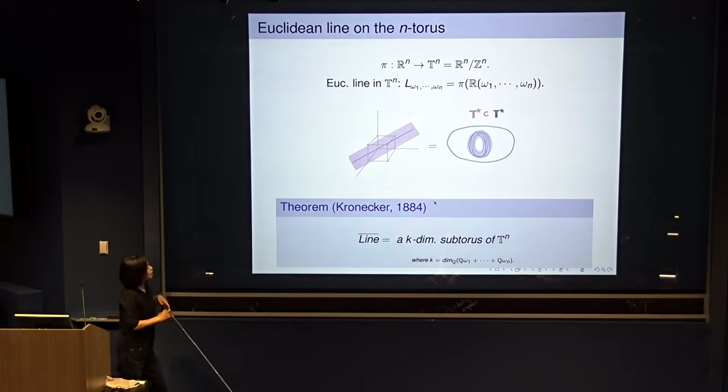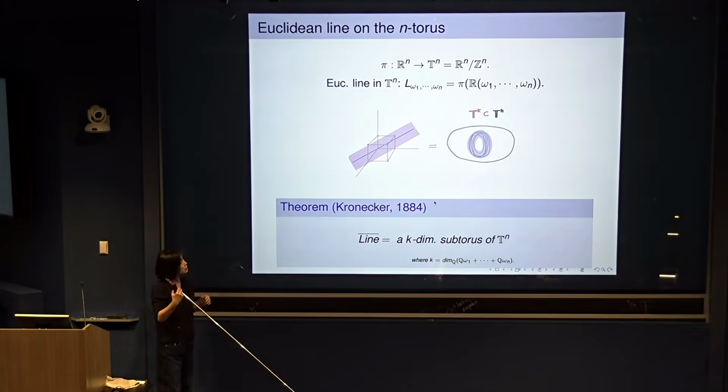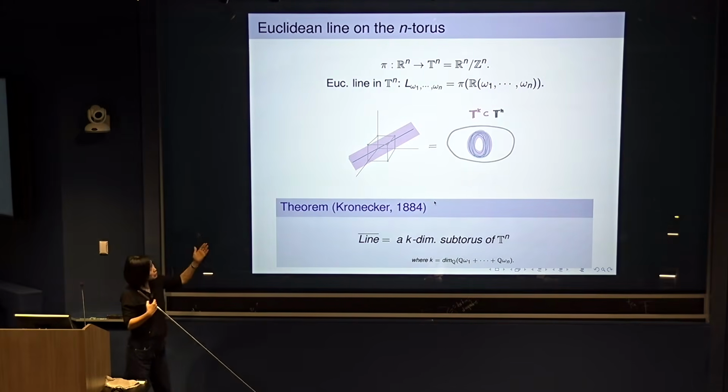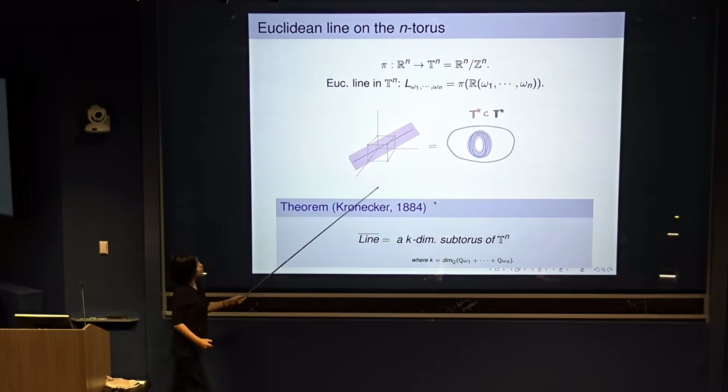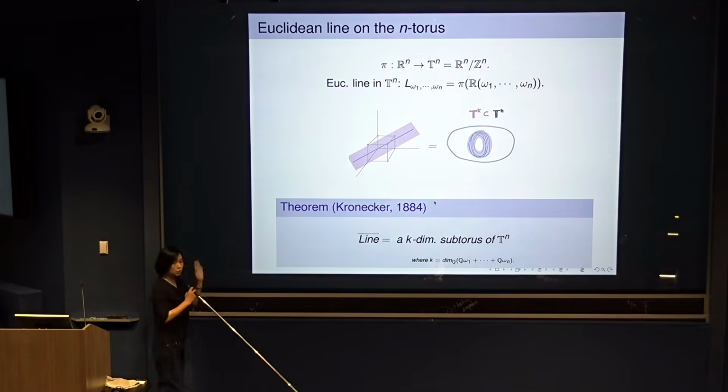Now the situation is different from the dimension 2 case. In dimension 2, we had this dichotomy: it's either closed or dense. But in higher dimension, we can have a subtorus of intermediate dimension, like in this picture. If she starts her journey inside this subtorus, she will never get out of it, because the closure will be trapped there. Nevertheless, that's the only possibility.